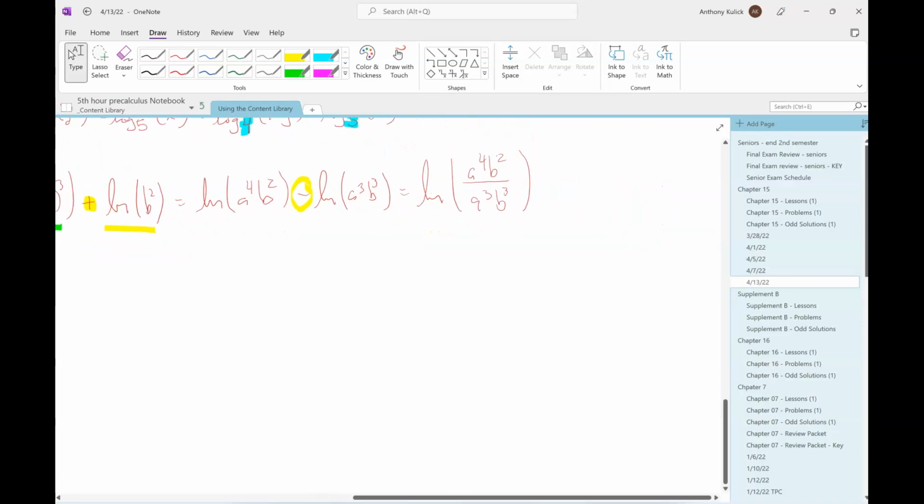And really, we could reduce this fraction inside the logarithm, right? So I'm going to have an a left on top and a b left on bottom. Is everybody okay with how I reduced that? It's pretty standard, easy reducing there, but I figure I should ask before I just write it down.